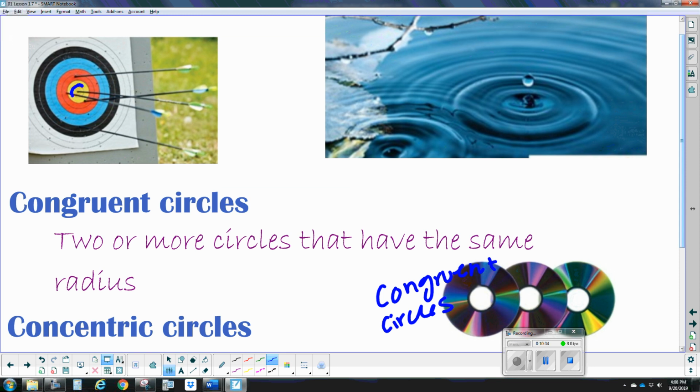All of these circles have the same center. Okay, so this point right here is the center of those circles. They're not the same. Those circles don't have the same radius, but they do share a center. Same is true with a ripple. Okay, in real world examples, all of these circles share that center point. They're not the same size. Those circles are not congruent, but they do share the same center.